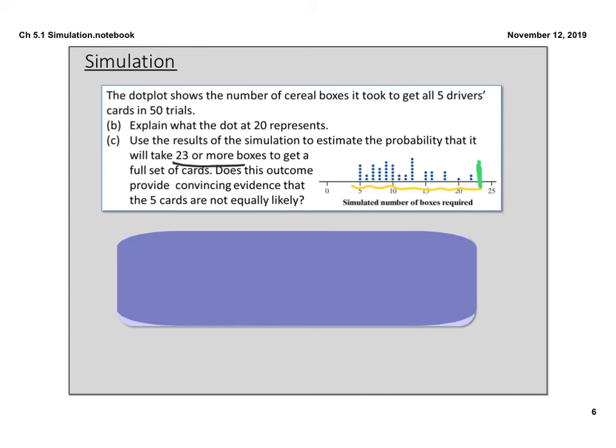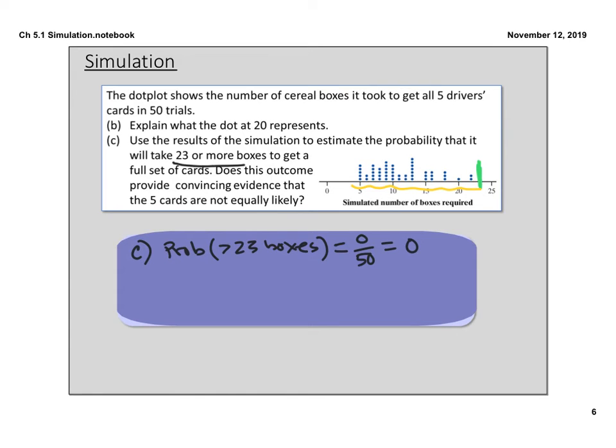Okay, so there are no times that I got above 23 boxes out of the 50. There are literally 0 times out of 50 that I got above 23 boxes. Okay, so the probability of getting greater than 23 boxes was 0 out of 50, or in other words, 0.